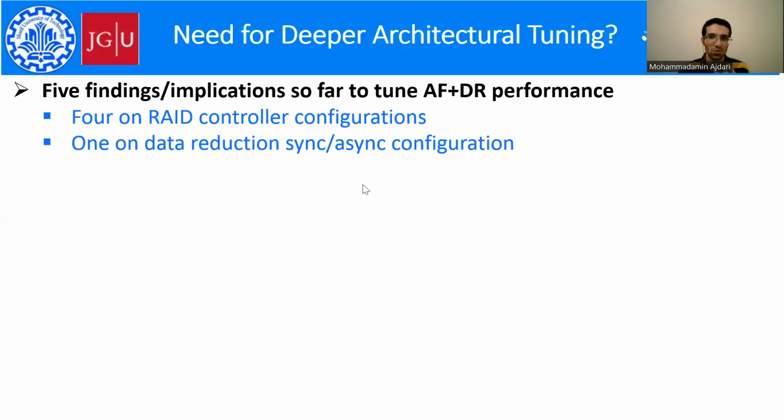So far, we have shown 5 new findings on tuning the performance of an all-flash system with integrated data reduction. Are there any opportunities for further improvement? The answer is yes.